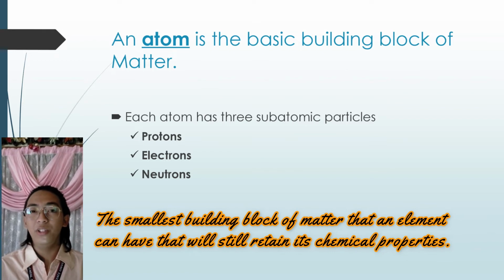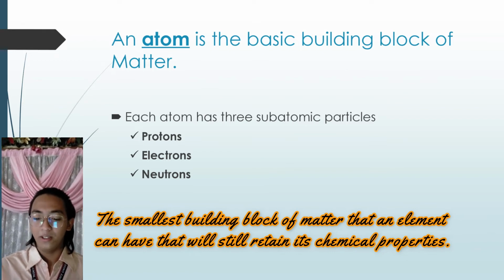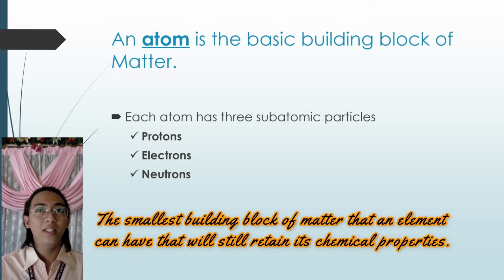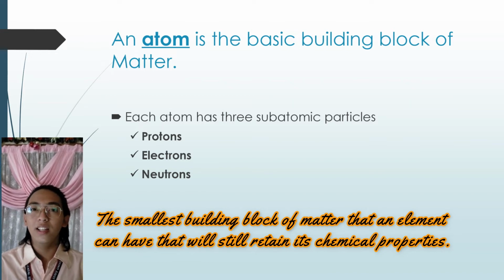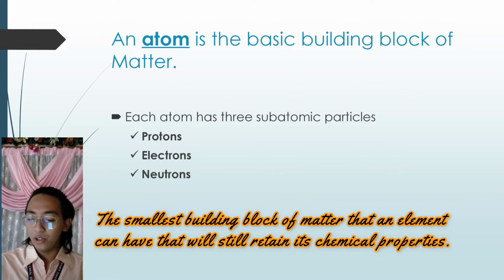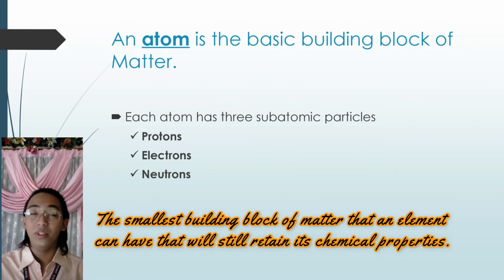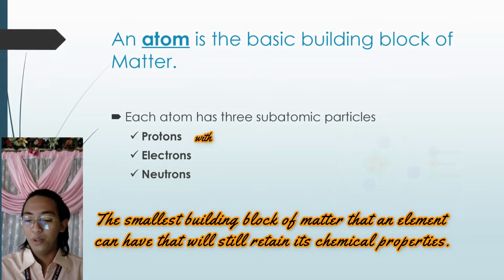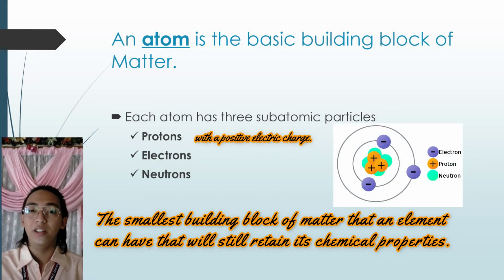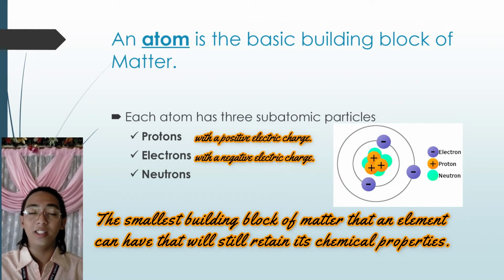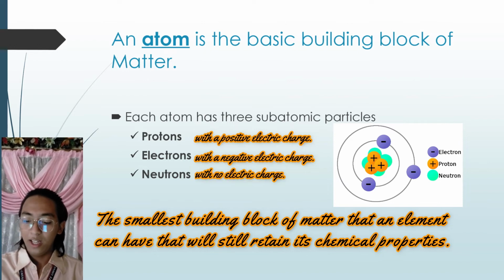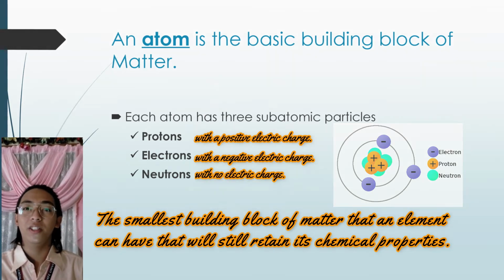Each atom has 3 subatomic particles. It is known as the protons, the electrons, and the neutrons. These subatomic particles are distinguished by their electric charges. The protons have a positive charge, the electrons have a negative electric charge, and neutrons have no electric charge.